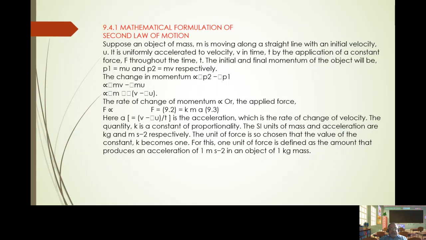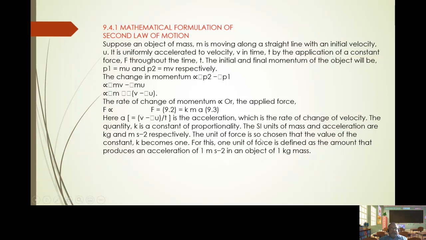The unit of force is so chosen that the value of the constant k becomes 1. For this, 1 unit of force is defined as the amount that produces an acceleration of 1 meter per second squared in an object of 1 kg mass.